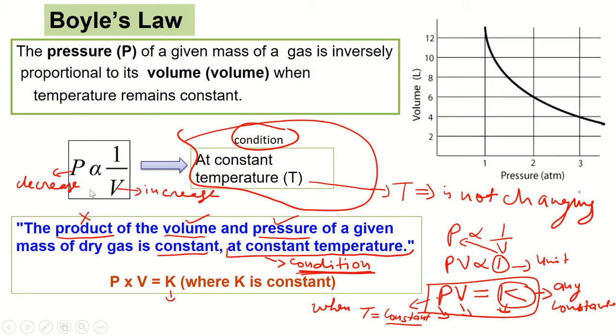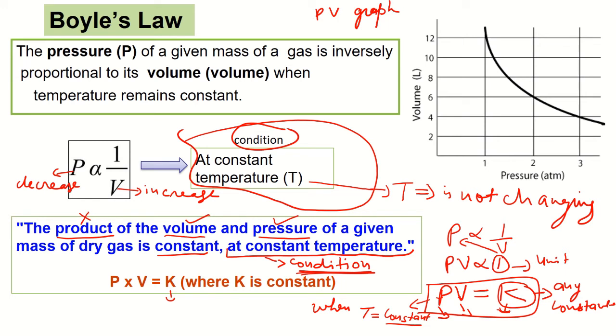This we can see from the graph, and this is the PV graph, the pressure-volume graph.